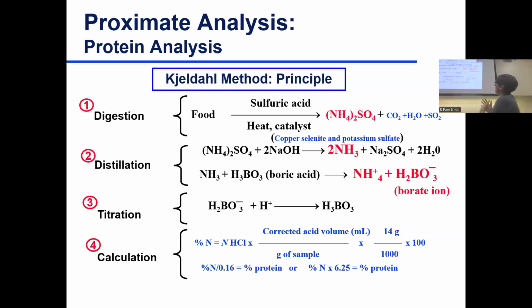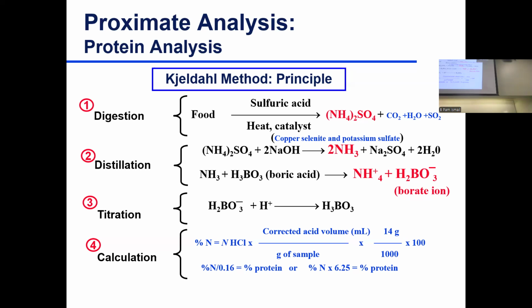So you put your sample with a concentrated H2SO4. We add a catalyst. The catalysts have copper in it and potassium sulfate. So it's a combination of specific salts. These salts increase the boiling point of sulfuric acid.